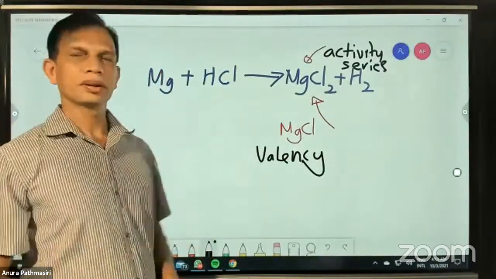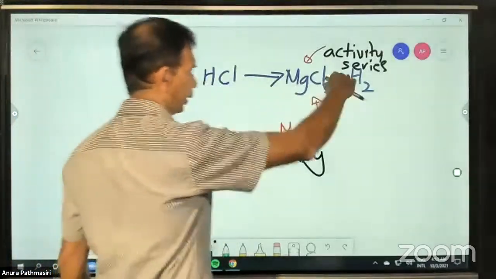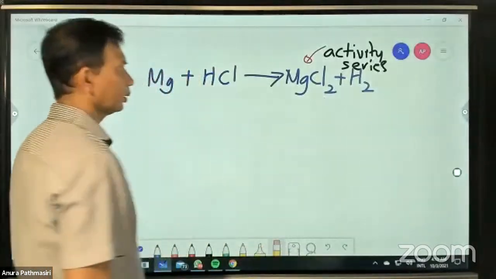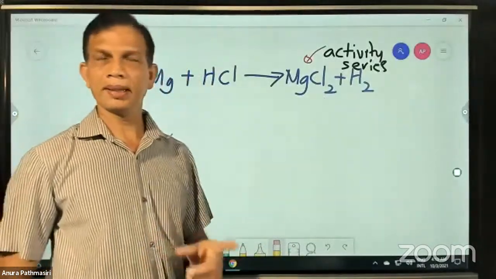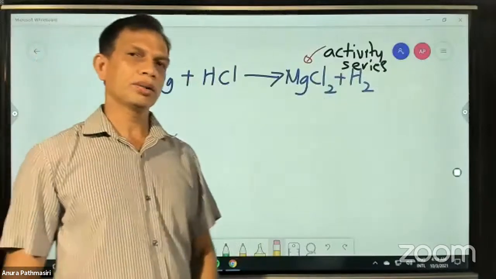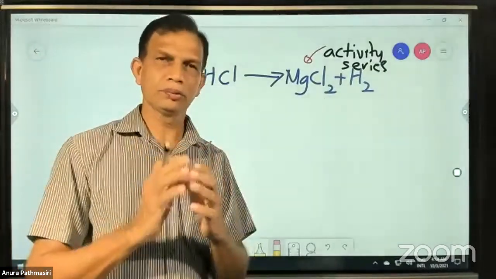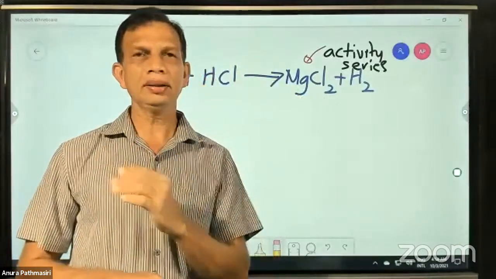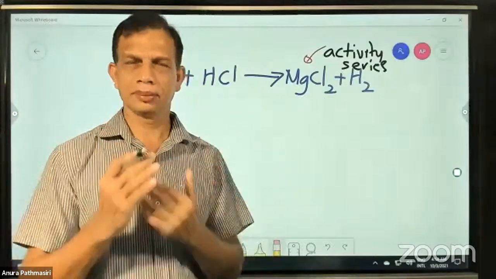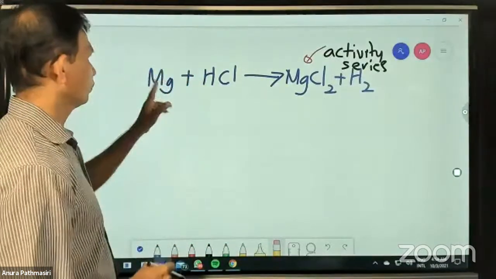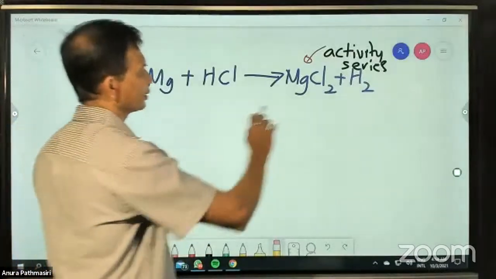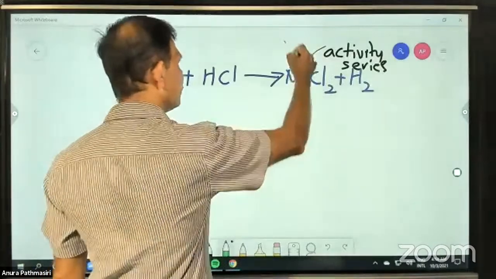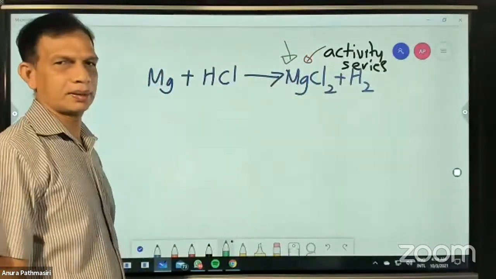Now, once you arrange this chemical reaction, the next step is balancing it. Balancing means we are trying to find out the amount of moles that react with the other particular reactant. Normally, I start balancing from the main product, magnesium chloride.